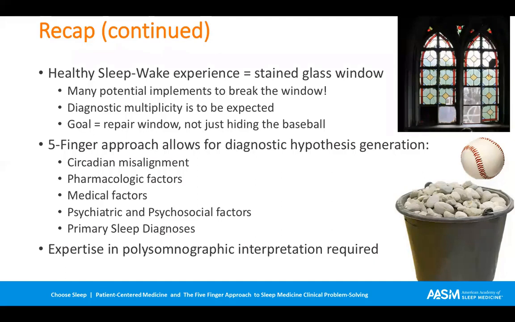We've learned that once the sleep-wake complaints have been identified and completely characterized, an approach then involves consideration of multiple domains within sleep medicine, such as the Five-Finger Approach. It can help the clinician maintain some order over the problem-solving process in this uncertain environment.